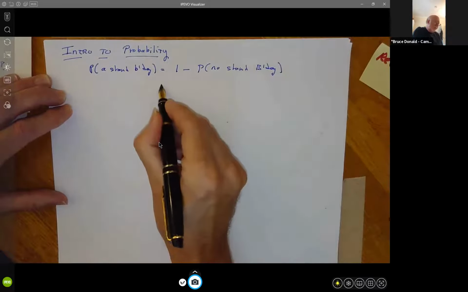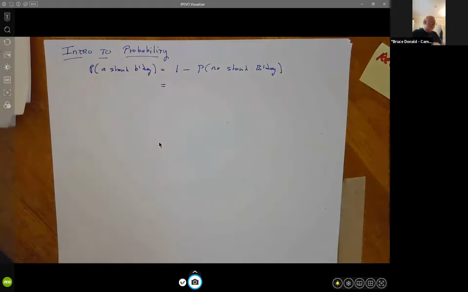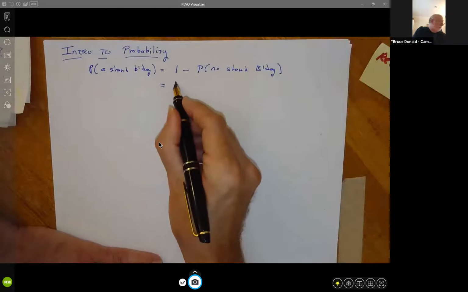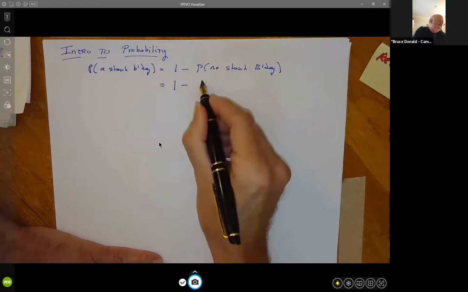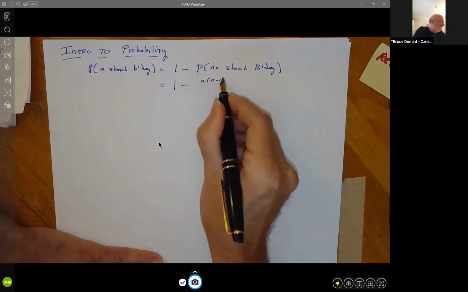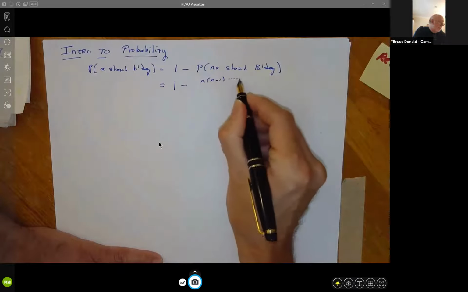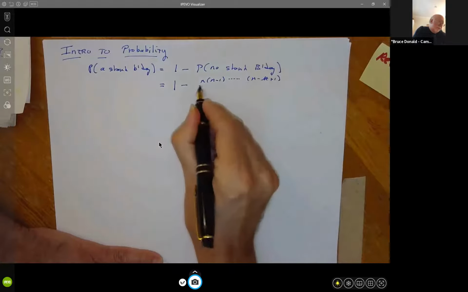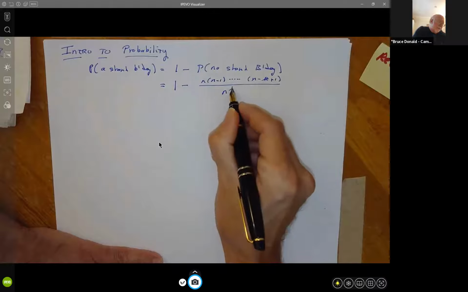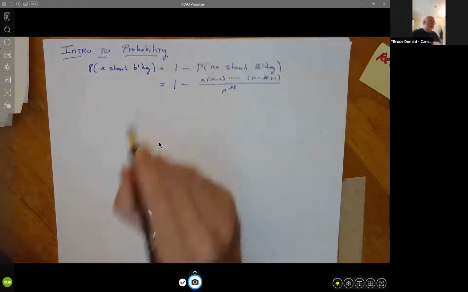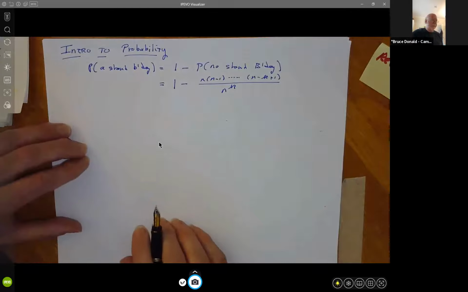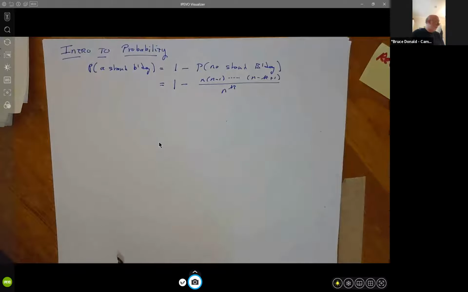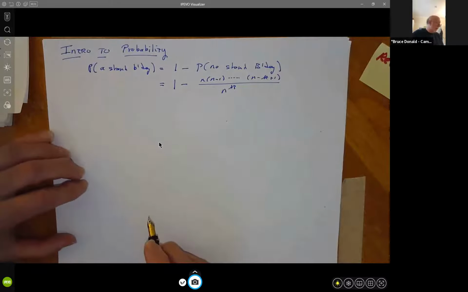And we will give you the tools to calculate this, but this turns out to have the following expression: 1 minus n times (n minus 1) multiplied down to (n minus k plus 1) over n to the k. Now, this is an interesting formula. We want to be in a position of deriving this. It's pretty good at calculating. Let's look at an example.